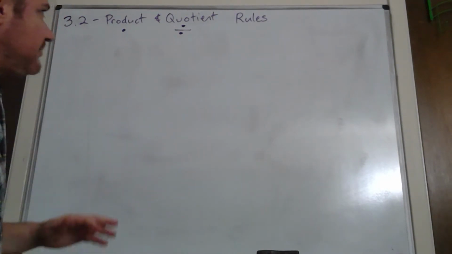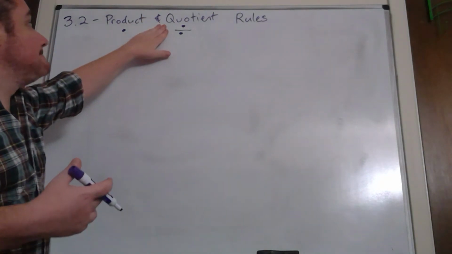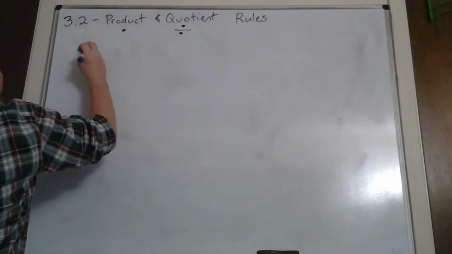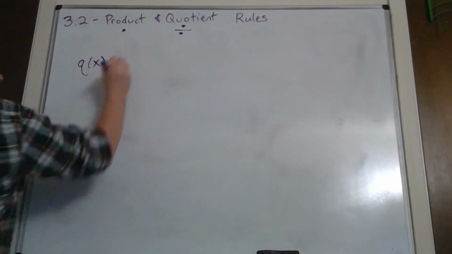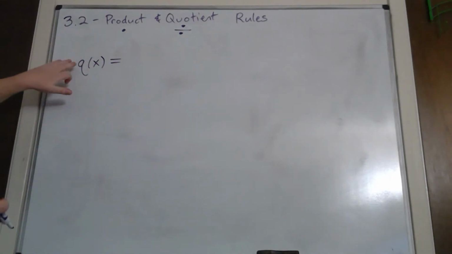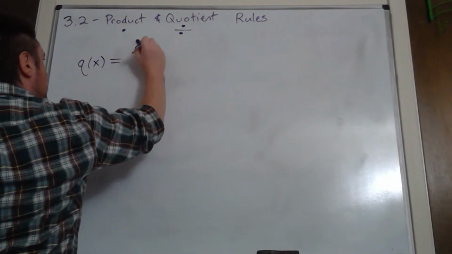Okay. So let me first just write out the quotient rule, and then sort of talk my way through what I'm writing. Okay. So let's say I've got a function like this. Let's say I'm going to call it q of x, for a quotient. It might be called f, though. You might have something else, but I'm trying to avoid f and g, because q of x is built as a quotient.